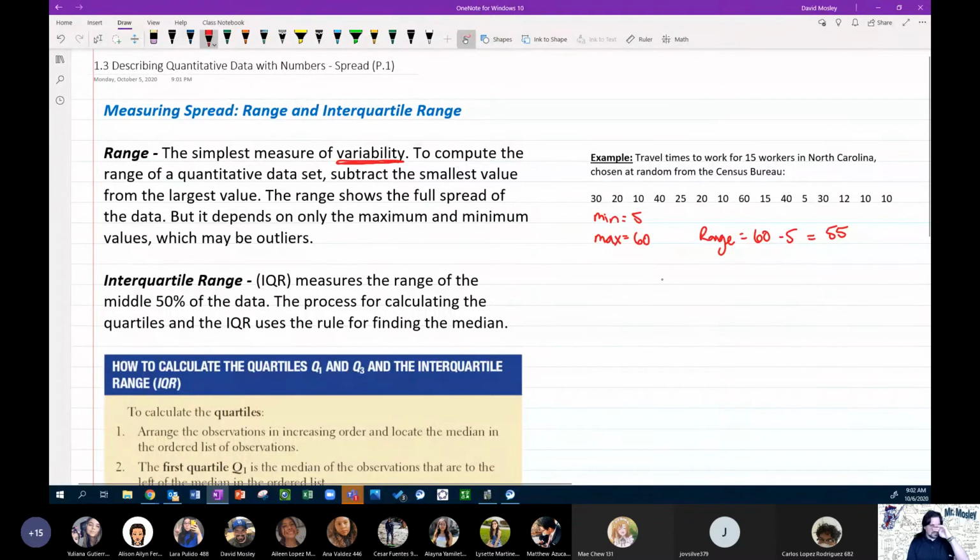All right. So we could say travel times have a range of 55 minutes. And that's similar to, but not the same as saying travel times are between 5 and 60 minutes.